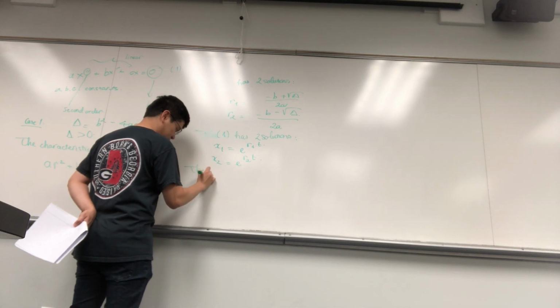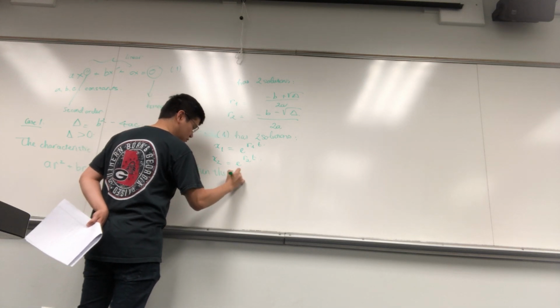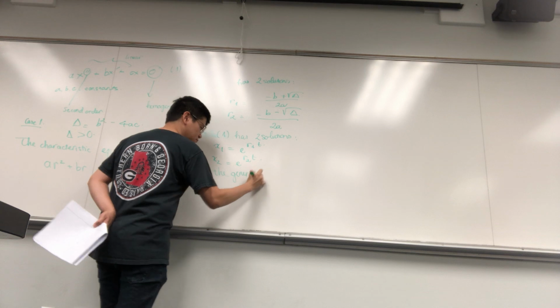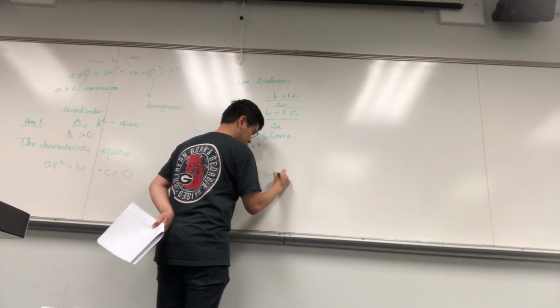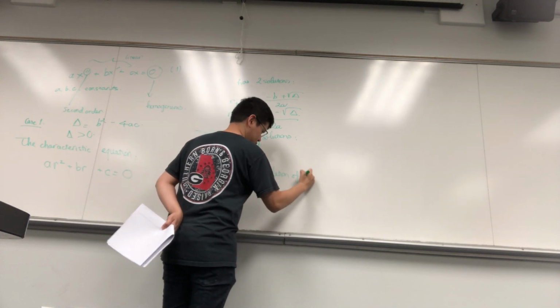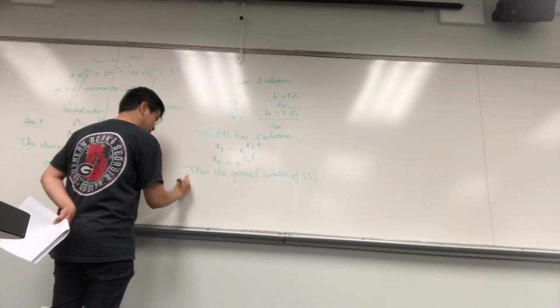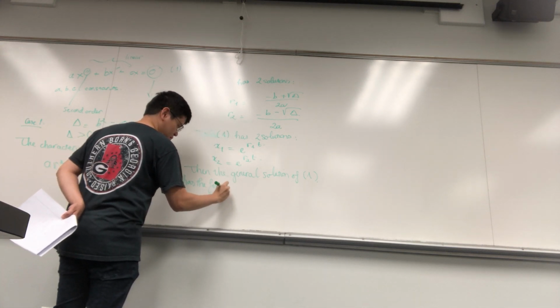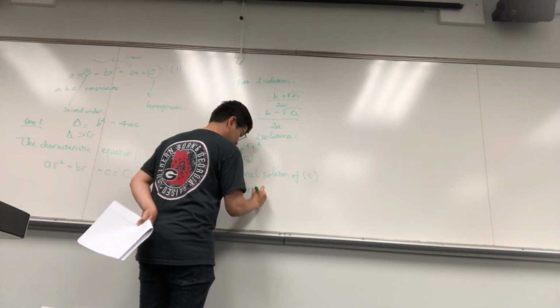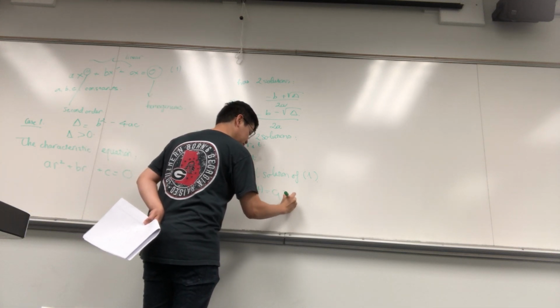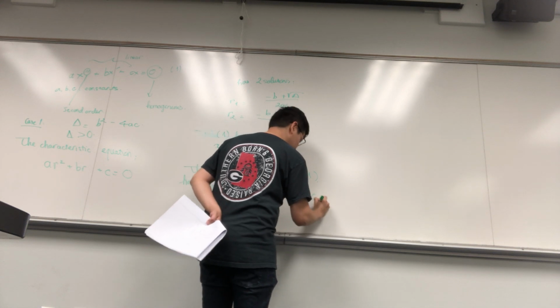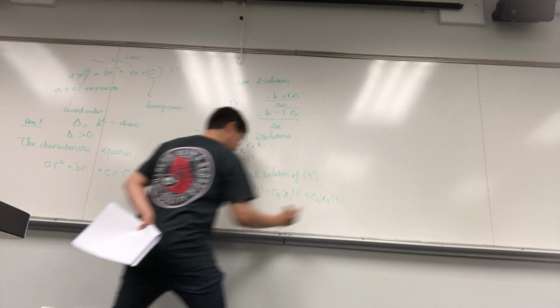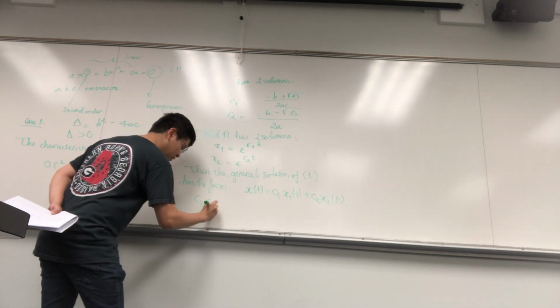Then the general solution has the form x(t) equals c1 x1(t) plus c2 x2(t), where c1 and c2 are constants.